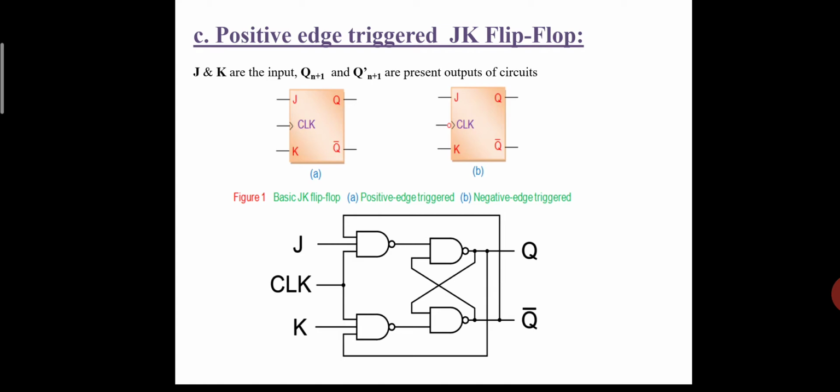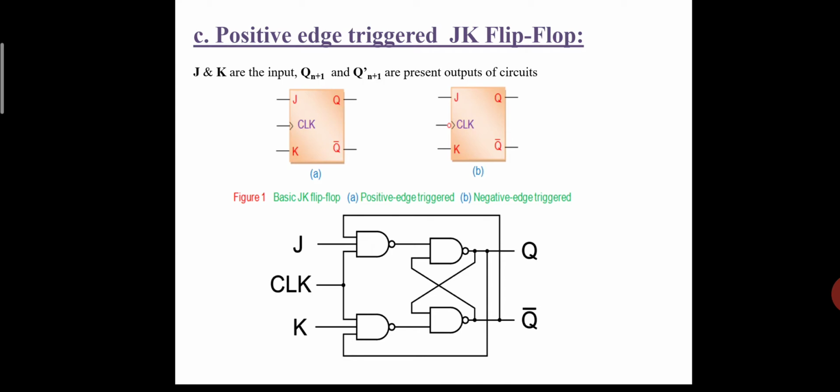So one more flip flop was implemented, that is the JK flip flop. Jack Kilby is the inventor of the JK flip flop. The JK flip flop is the same as the SR flip flop, but with one more modification and improvement done by JK, that is Jack Kilby.